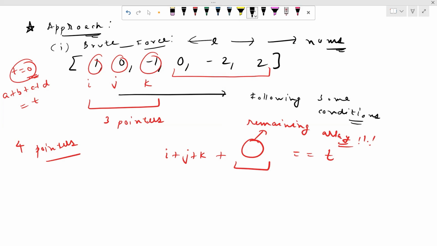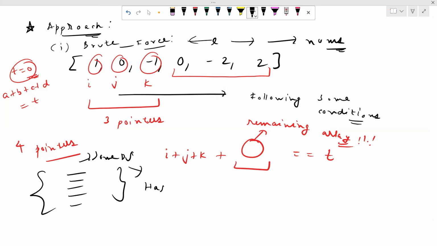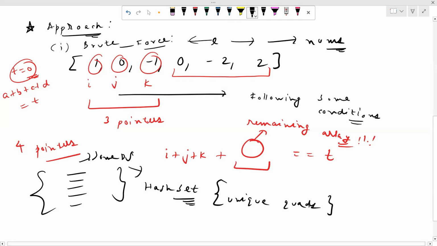as L, right? So initially we'll try to calculate the sum of all the elements, and after this, if we find out the target value, we'll just store this in some data structure, and this data structure can be considered as a hash set because we need to find the unique quads, right?